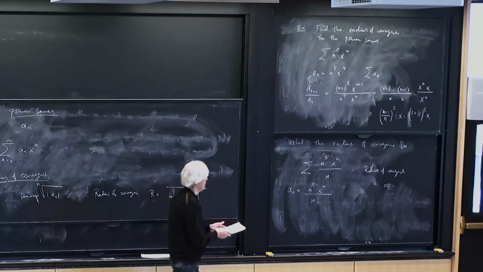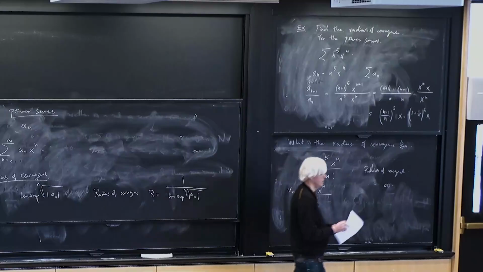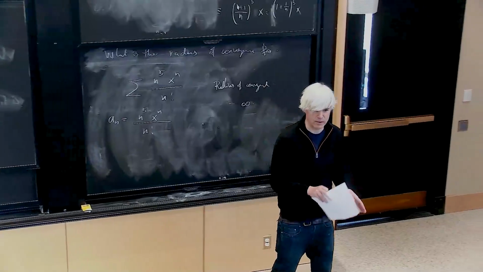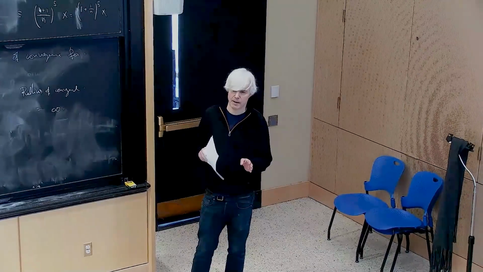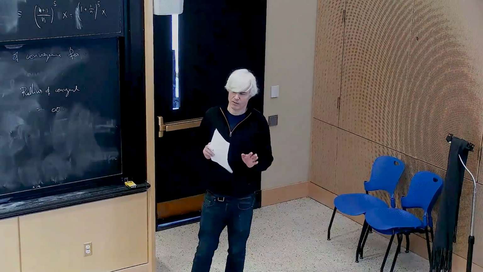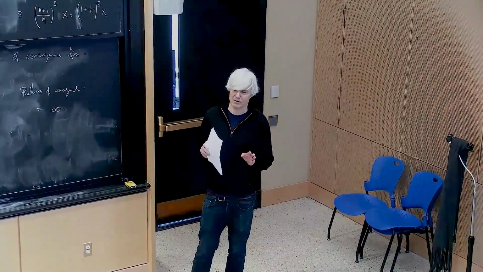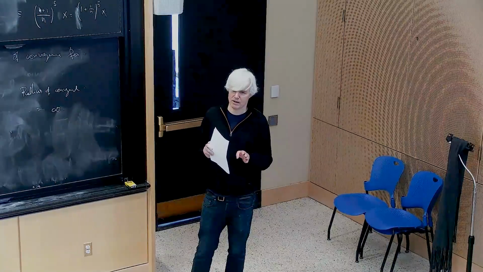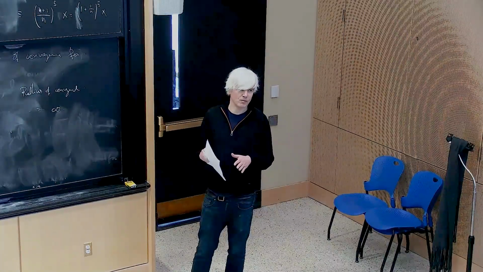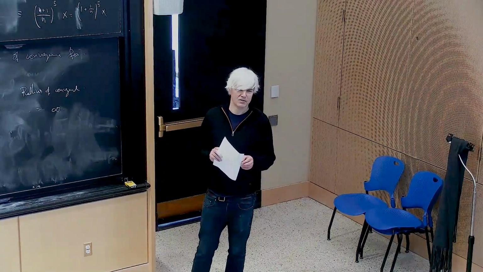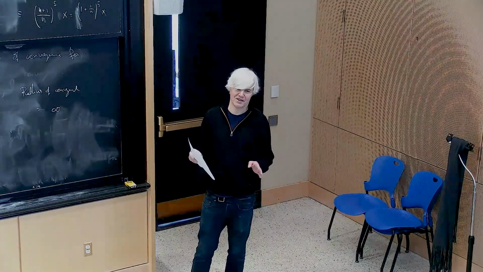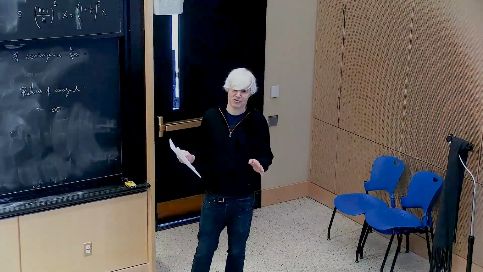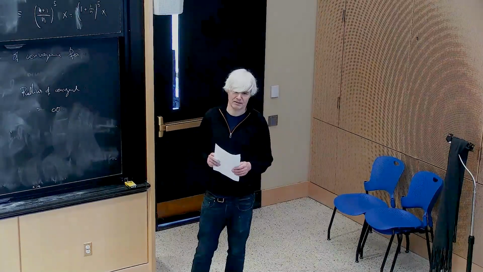In any particular example, the root test may not be the easiest way to argue. For a power series, almost always, I would say, it's easier to use the ratio test. But it requires that the power series has some nice property for this to apply.